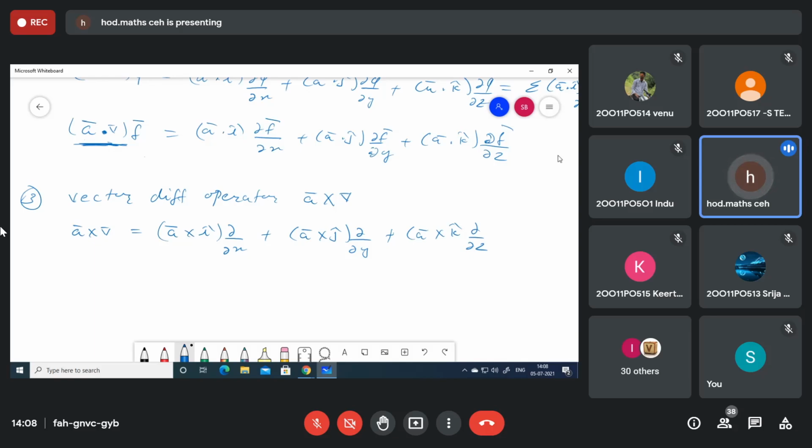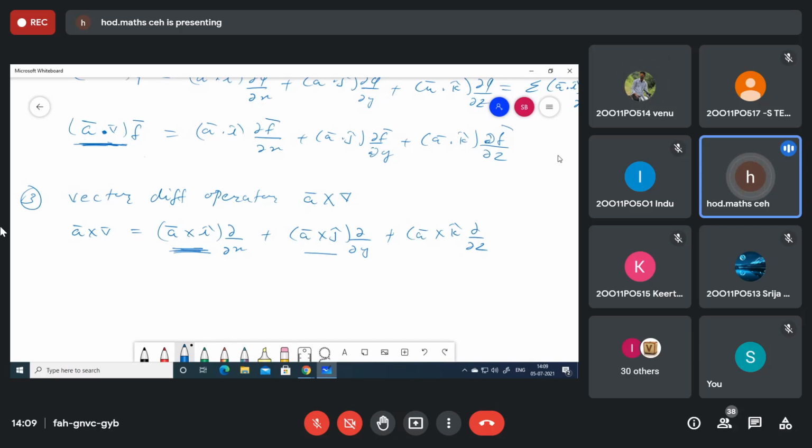Now a bar has i, j, k components, and on taking the cross product I will get two results for each. For this one I'll get j and k components.